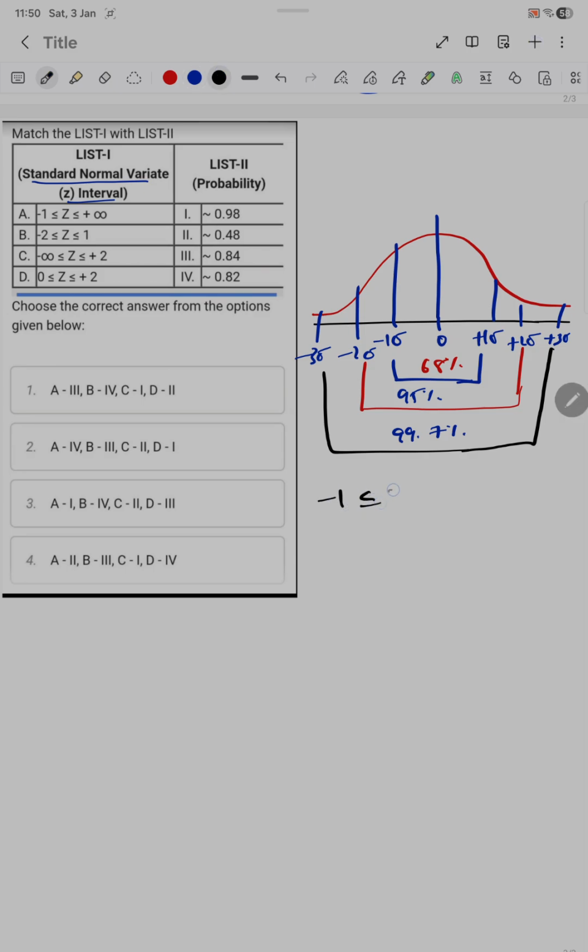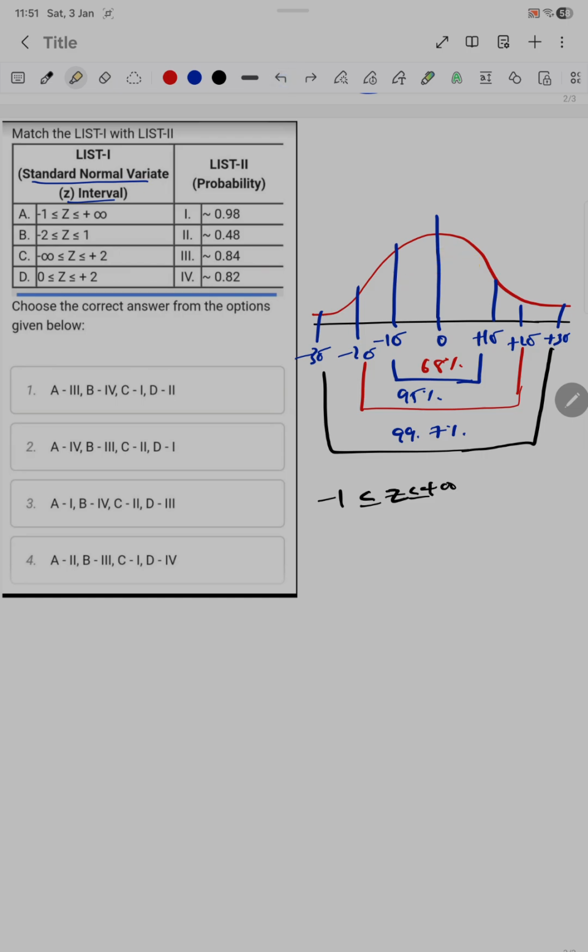Now -1 z lies between -1 to +infinity. So from here to here, we are going to see how much this full area will cover.